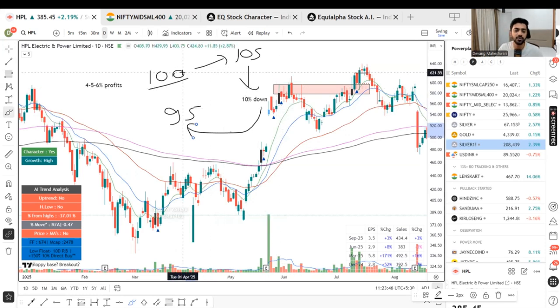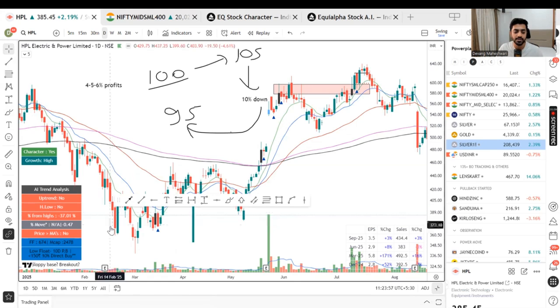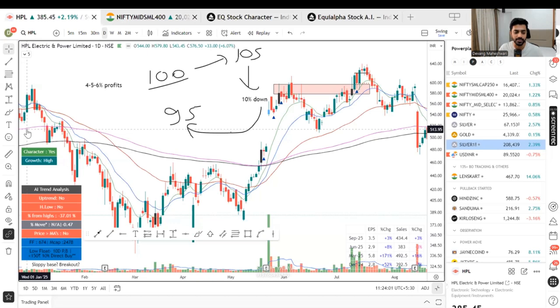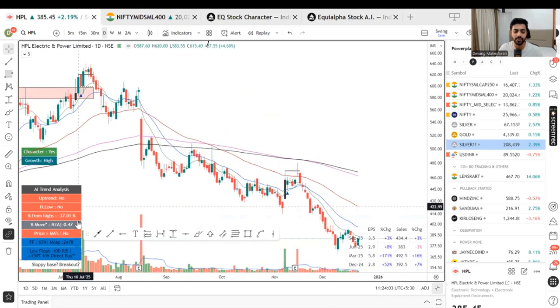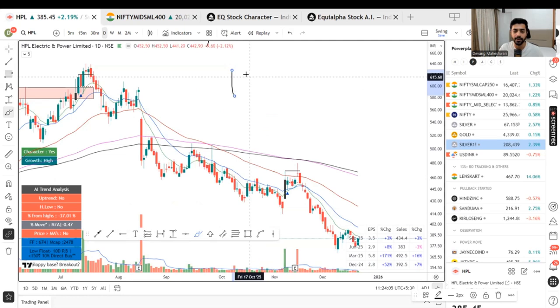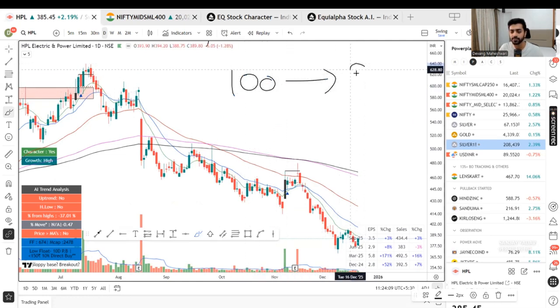But think of it in a different way. You bought it at 100, and then instead of the stock being at 105, it was at 96 rupees. It did not hit your stop loss, but it was at 96 rupees. So now in the second example, that 100 before result, it was at 96.